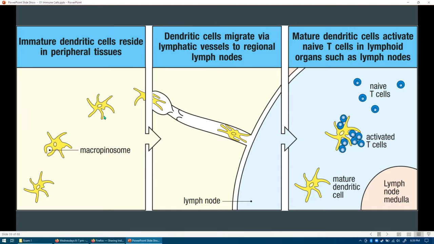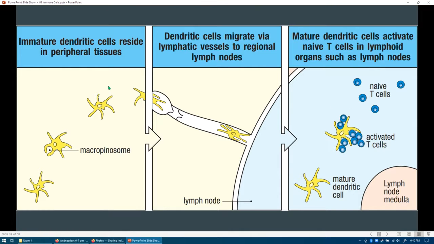Mature dendritic cells have a very strong preference to navigate into lymph nodes that drain whatever the tissue is that's infected. They enter the lymphatics, where they eventually reach a site in the lymph node where T cells are present. At this time, they've got plenty of peptides loaded into MHC1 and MHC2 molecules on their surface. They just need to find the T cell that's specific for each of those molecules.